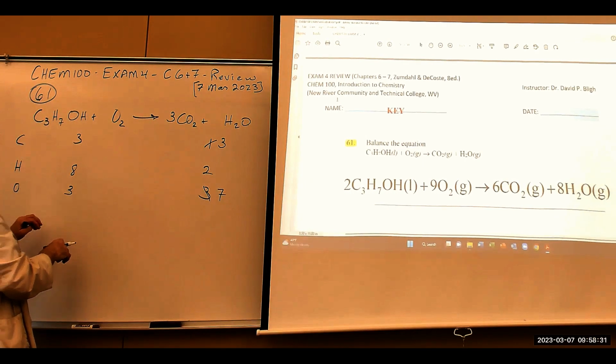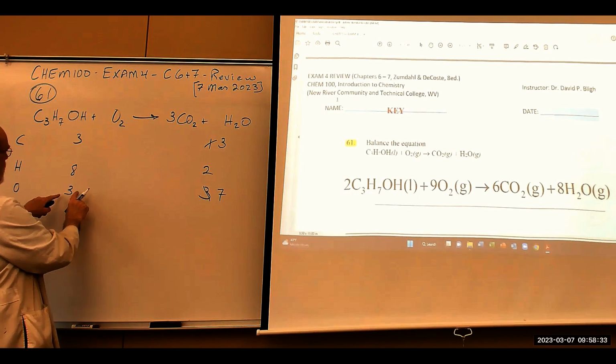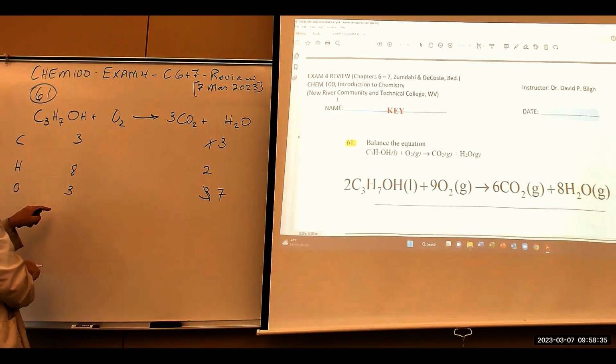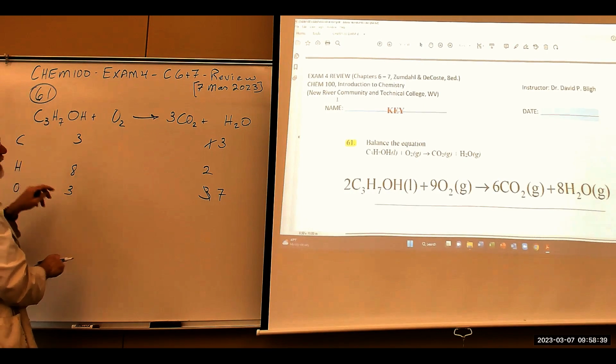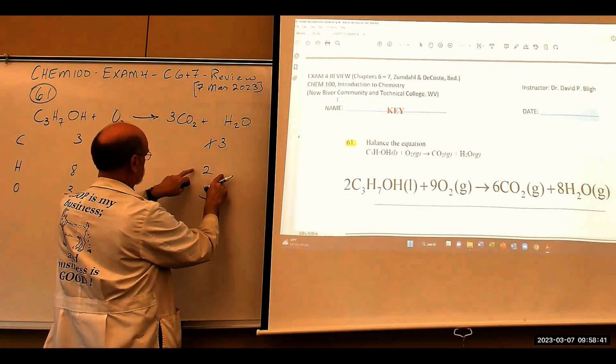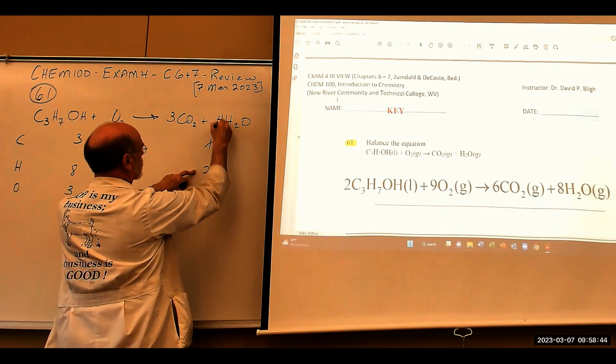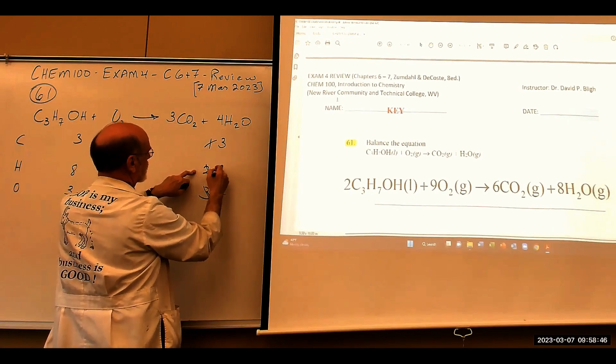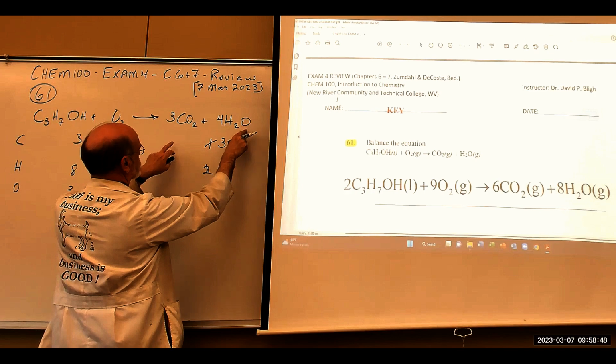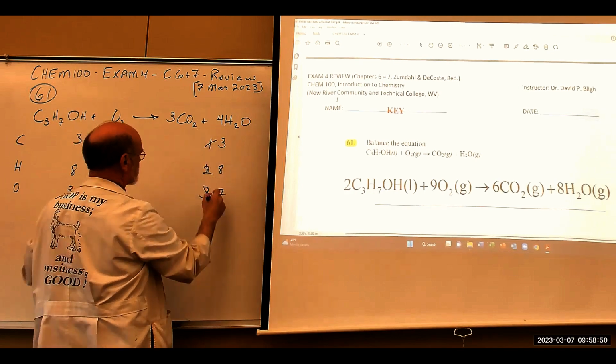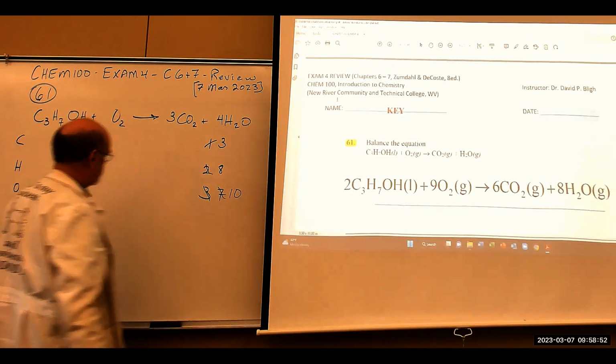Now, how about oxygens over here? Well, we got hydrogens. We got 8 hydrogens. So let's do 8 hydrogens first. We need 4 here. That gives you 8 hydrogens. And now the oxygens change again. So that's 4 plus 6 is 10.